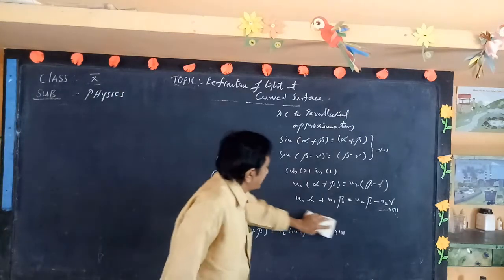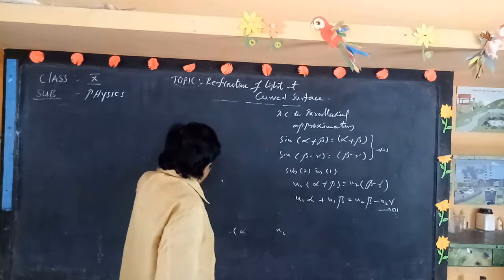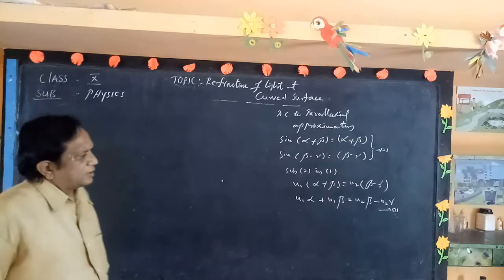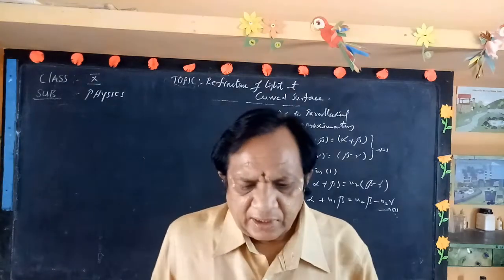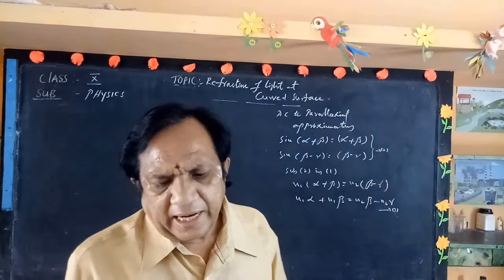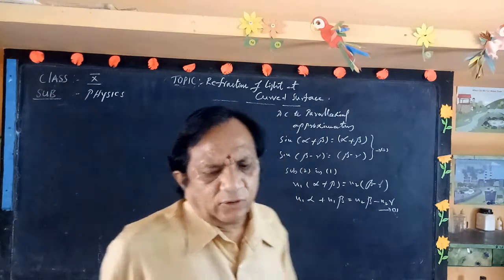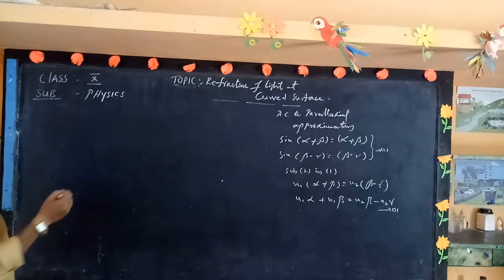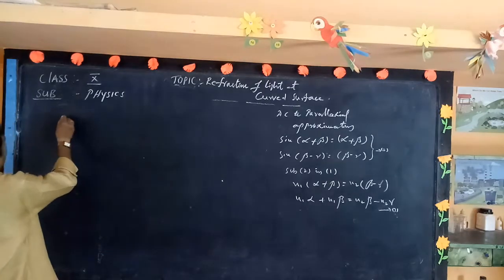So understand this equation up to here, and later we will see it again. Now, alpha, beta, gamma are very small angles, therefore we get their sides.